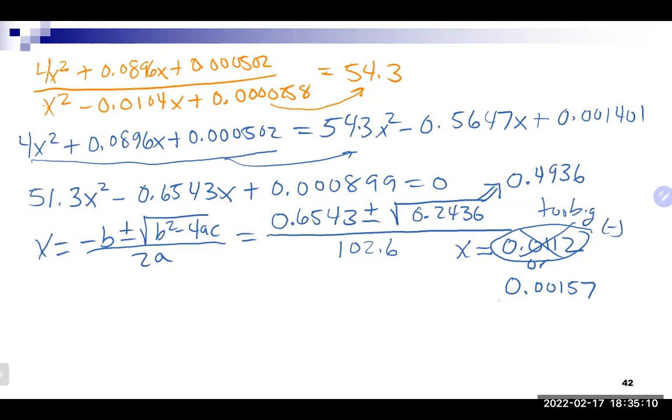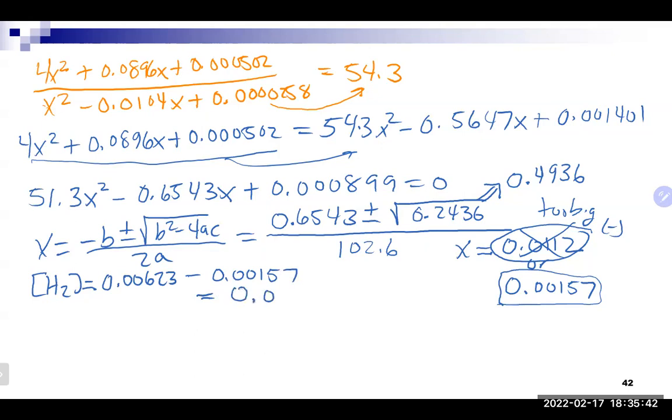That means by default, hopefully, this should be our x value, which means we can now put it back into our equilibrium line. Our equilibrium line for H2 is our initial, which is 0.00623, minus our x value, which is 0.00157, giving us an H2 concentration of 0.00466 molar.